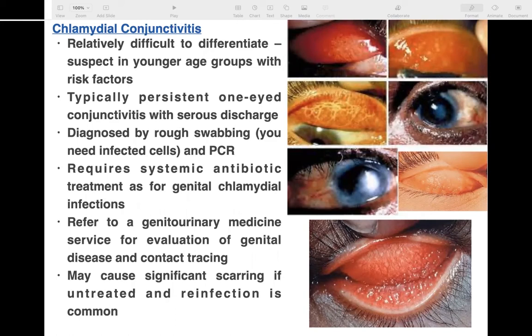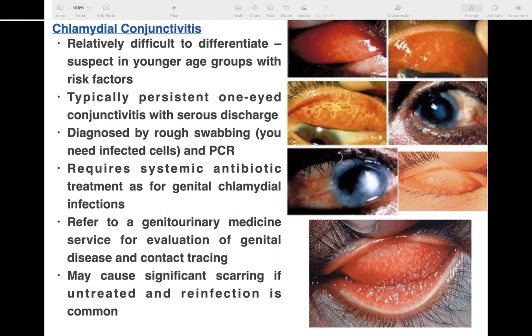Typically a persistent one-eyed conjunctivitis with serous discharge, diagnosed by conjunctival swabbing and PCR. It requires systemic antibiotic treatment as for genital chlamydial infection.